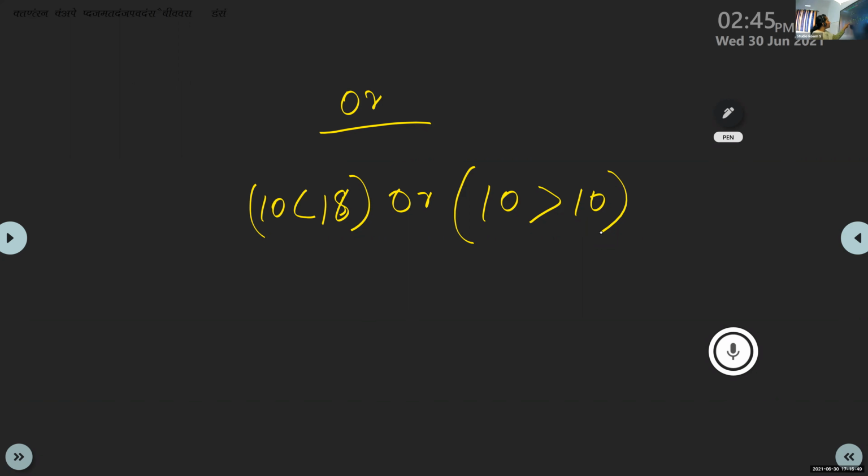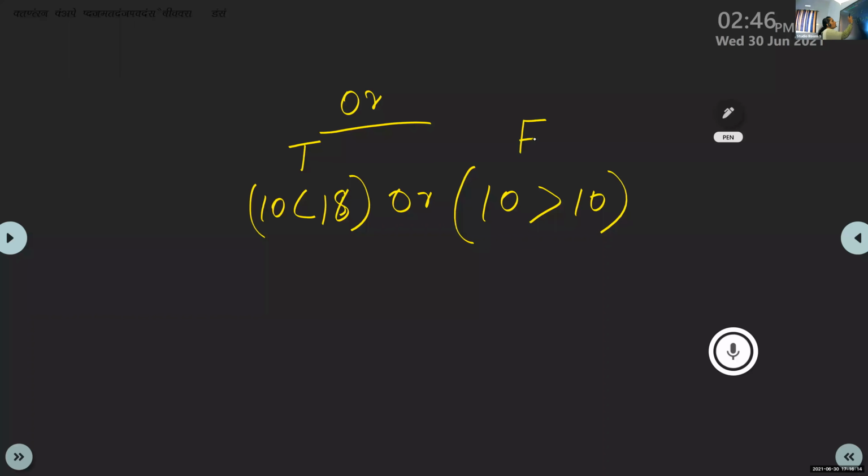Here the first operand is true, isn't it? Yes or no? Yes. So 10 less than 18 is true. Then 10 greater than 10, is it true? No, it is false.